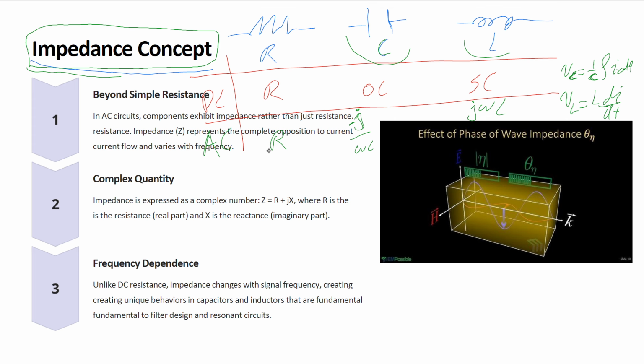Now, if we have such a system, with a real number and an imaginary number here, that means the total impedance in our circuit is going to be a complex number. We call it the impedance Z, and it's going to have a real part and an imaginary part. The real part, as you can see, is mostly resistance.